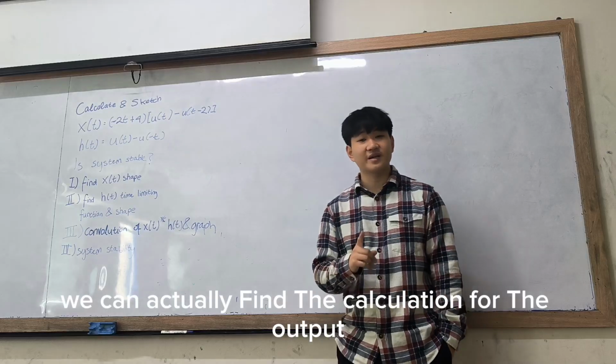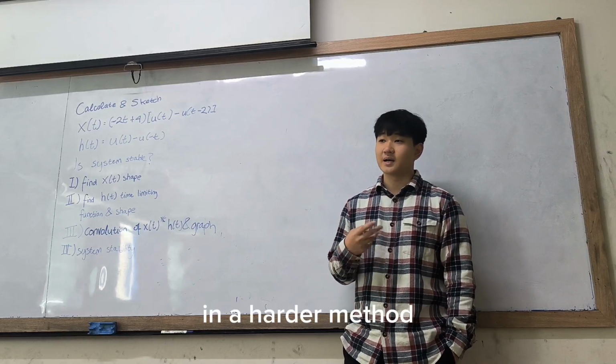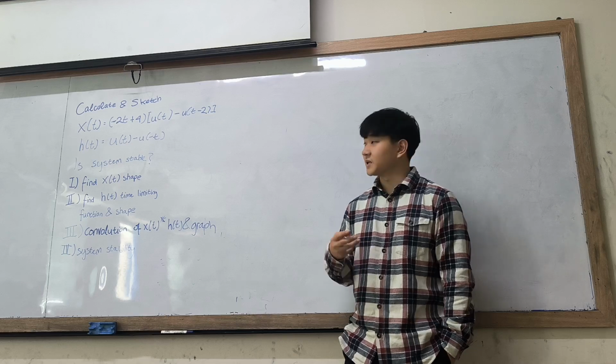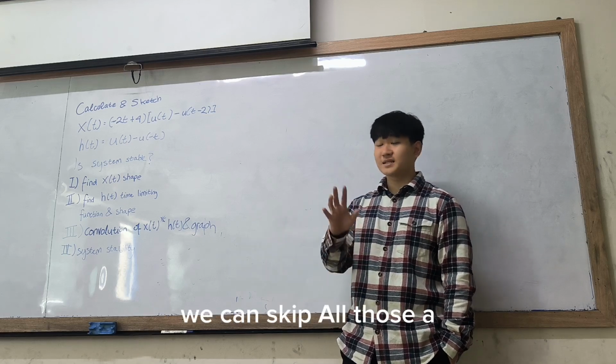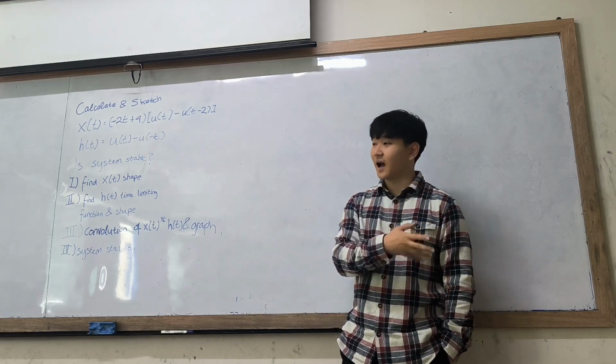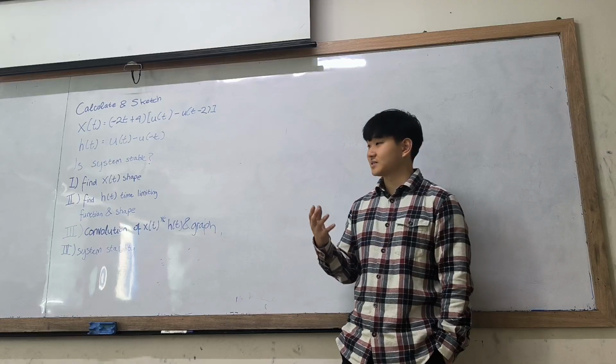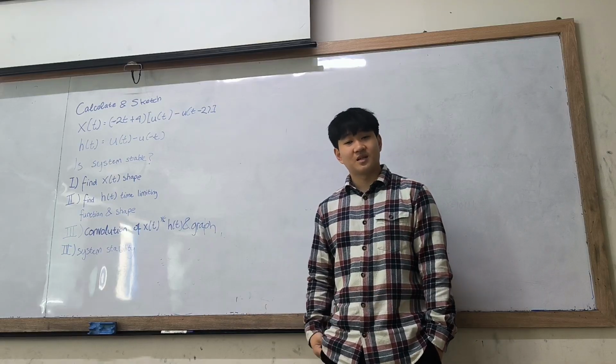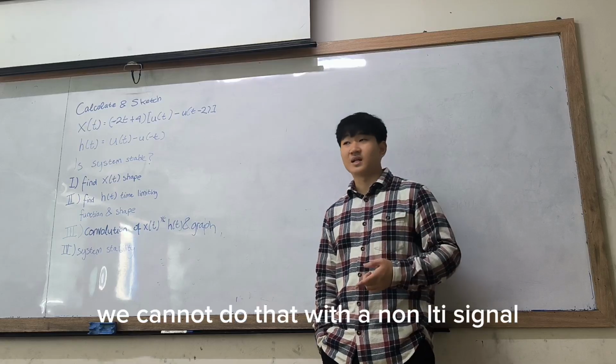We can actually find the calculation for the output with a harder method, that is with differential equations. But for an LTI system, we can skip all those harder calculations just by simply convolving with the impulse response. However, we cannot do that with a non-LTI system.